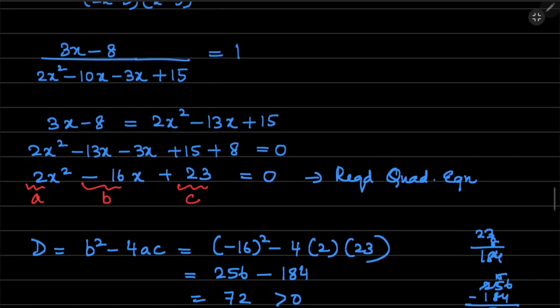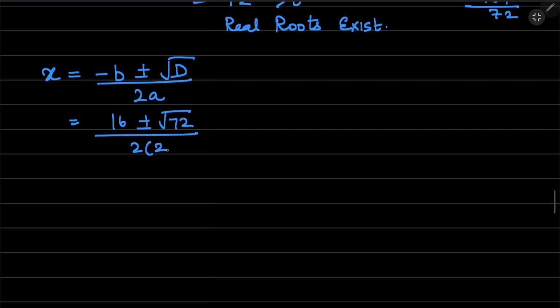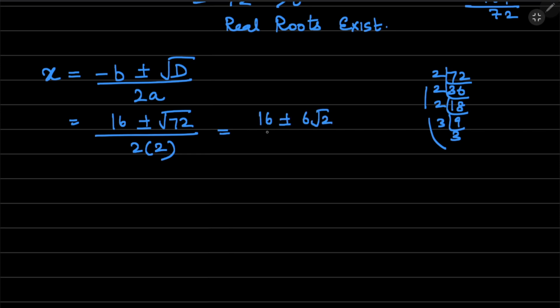What is a? a is 2. Okay. So how can you write 72? So 2 3s are 6, 2 6s are 12. Again, so I can write root of 72 as 6 root 2. Okay. So 16 plus or minus 6 root 2 divided by 4.